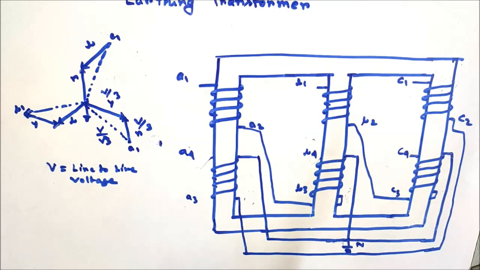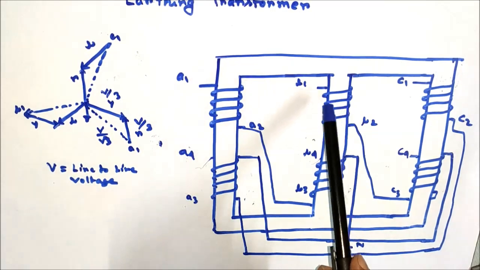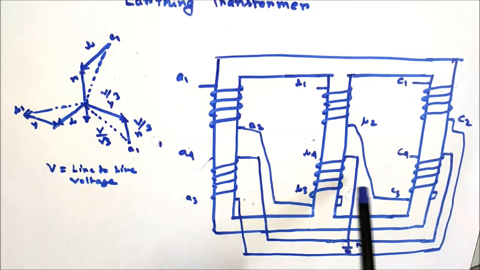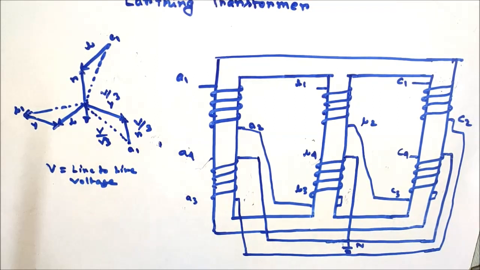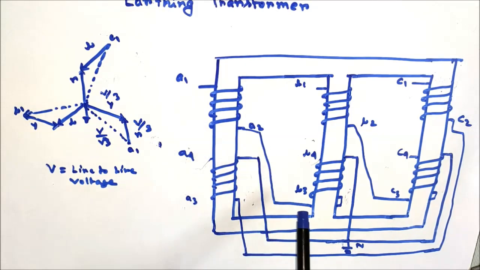The outer portion of the winding is called the zig winding, and the inner portion is called the zag winding.